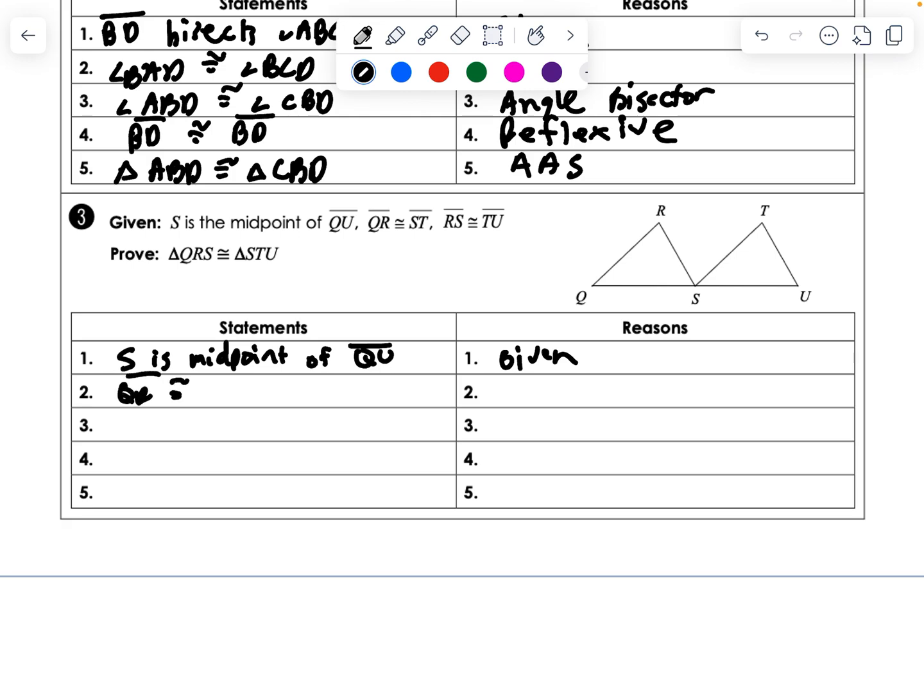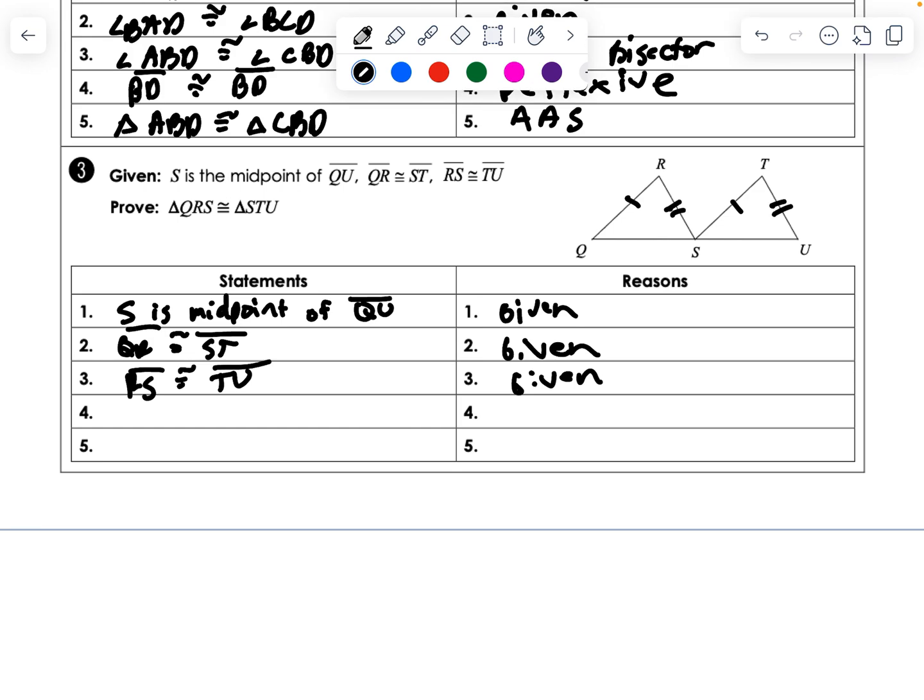QR congruent ST, given. RS congruent TU, given. Might be the easiest proof we've ever done. Now the only other thing we need to do is say that QS is congruent to SU by definition of midpoint.